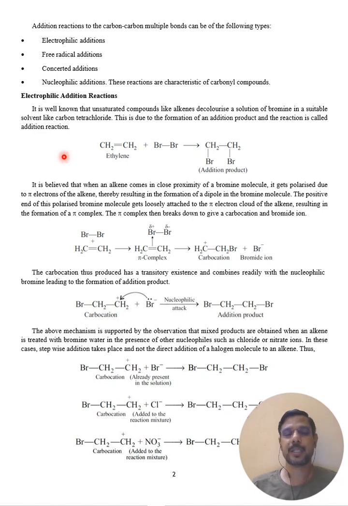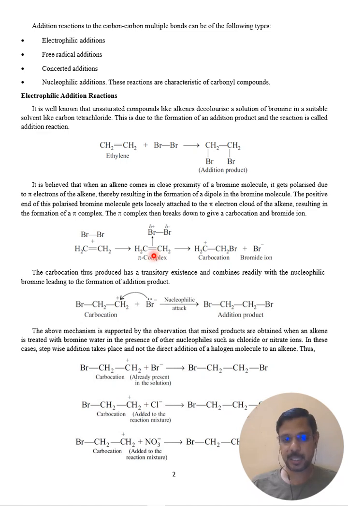The reaction we have seen as a halogen addition on the double bond is a kind of electrophilic addition reaction. This occurs majorly, and it is the simplest addition reaction also. It occurs through the mechanism you can see here. When the bromine molecule comes closer to the double bond, the bromine molecule slightly polarizes, that means partial positive charge on one bromine and partial negative charge on the other, because of the pi electrons.